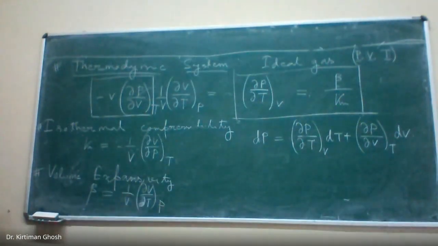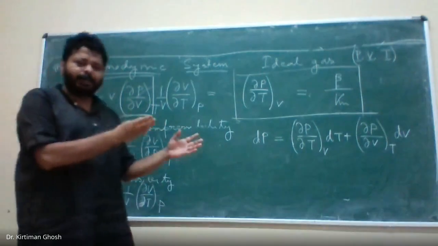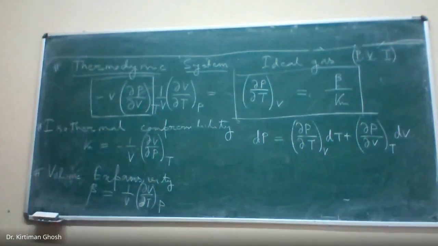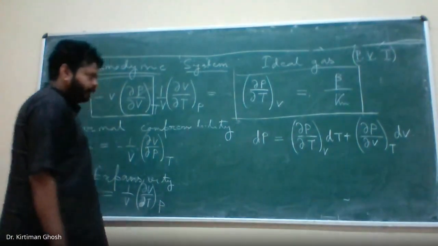Right, so I can write down this differential relation. These are very simple things. You need to be careful about which are the dependent variables and which are the independent variables. You should have a very clear idea about what you are doing. Otherwise, these things are very simple mathematics.